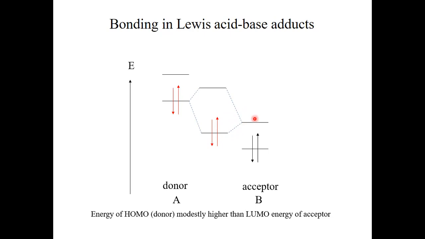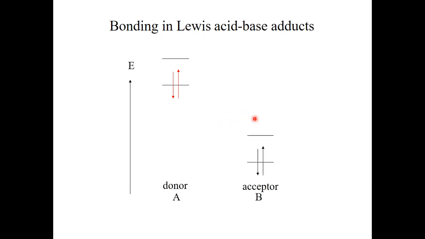We could take this another step further and make the HOMO of the donor A much higher in energy than the LUMO of acceptor B. In this case, we could still construct a bonding molecular orbital and an antibonding molecular orbital. Again, the electrons would go from the donor into the bonding molecular orbital.